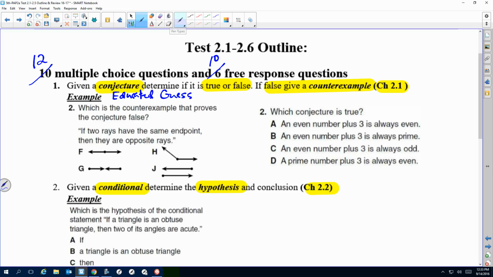I will expect you to do true or false. Give a counterexample. A counterexample is an example that proves false.